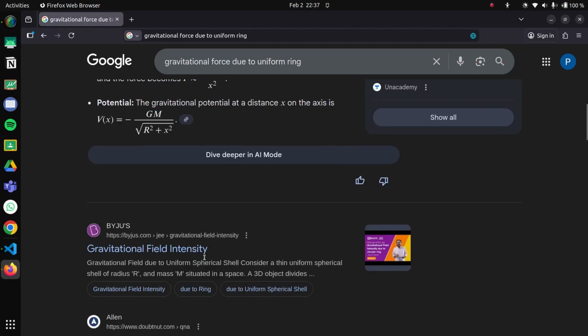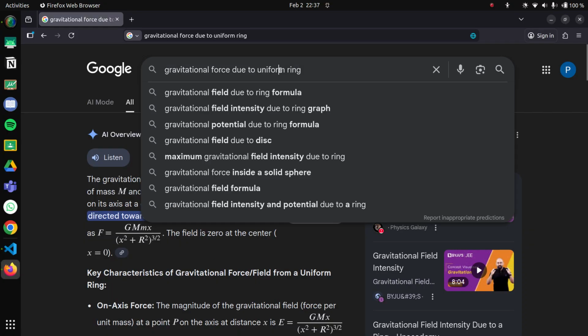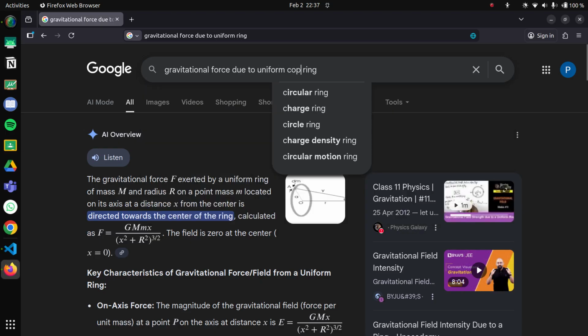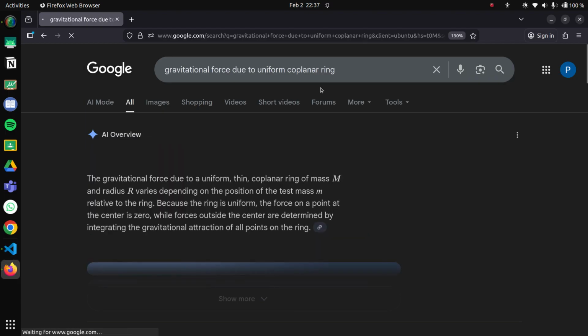Okay, no, this is not what I want. It's doing something weird. Uniform coplanar ring. So they're saying it's an elliptical integral, but then instead of a shell, it's 0, right?